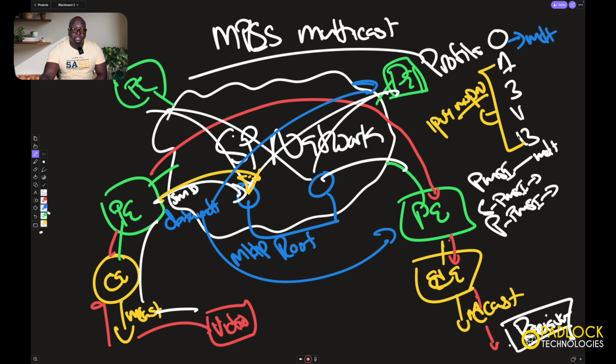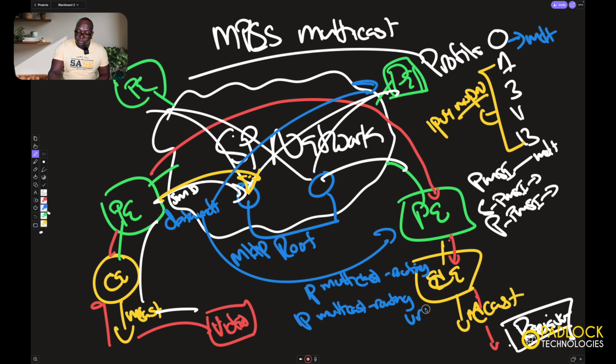So you would have to do your traditional ip multicast-routing command, and then you would have to do ip multicast-routing vrf, whatever the name is. If you do that, it will run multicast in the VRF and in the service provider. So when you do your show IP mroute command, you'll see your S comma G's, and your S comma G's will eventually appear when you start sending that traffic.